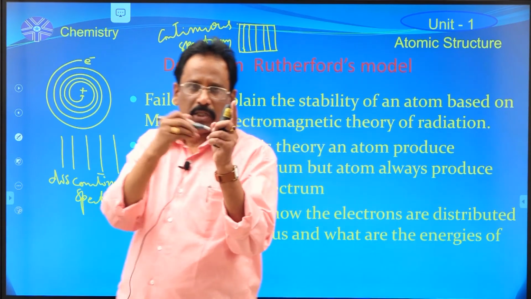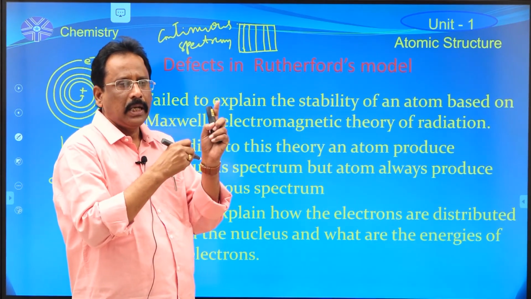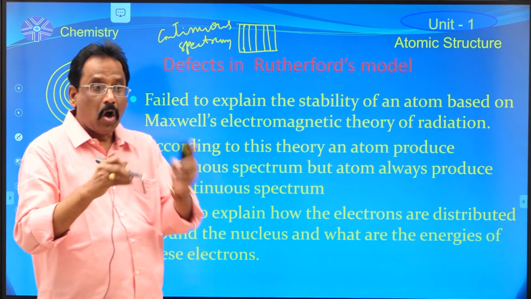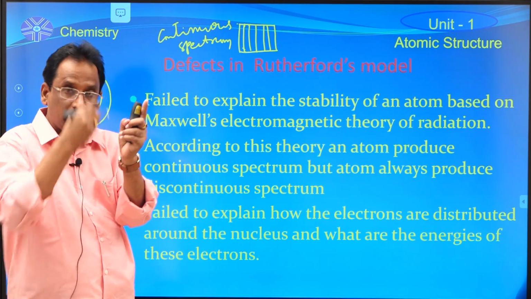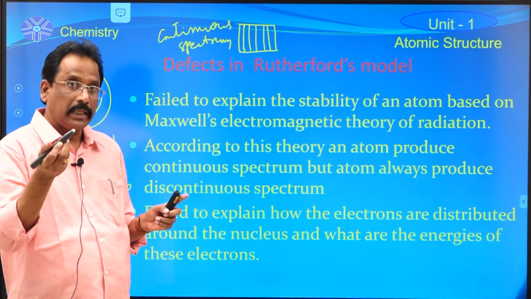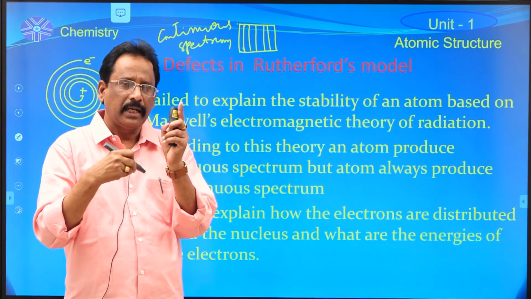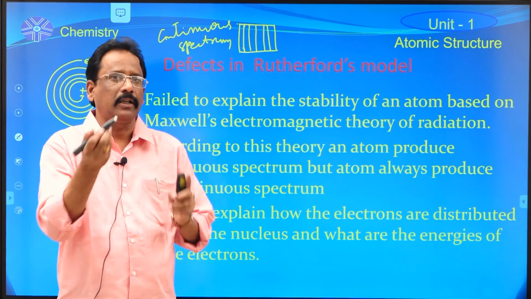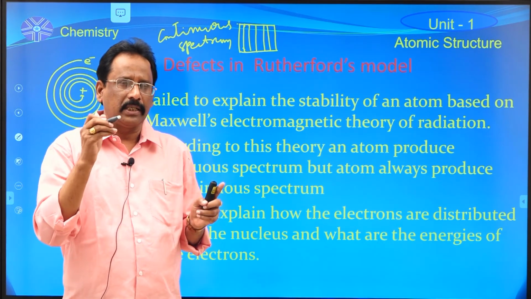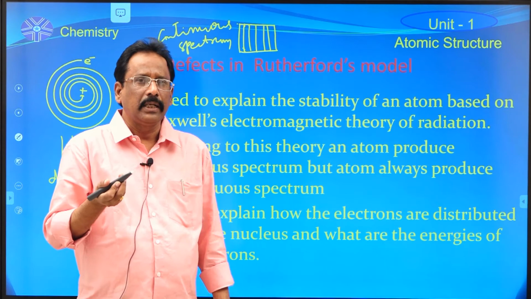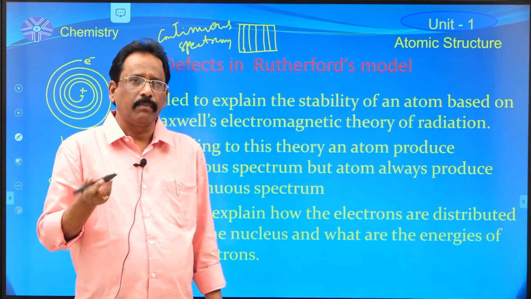How many orbits are present around the nucleus? How many electrons are present in the first circular path? What about its energy? And how many electrons are present in the second circular path? What about their energy? There is no explanation in Rutherford's atomic model.